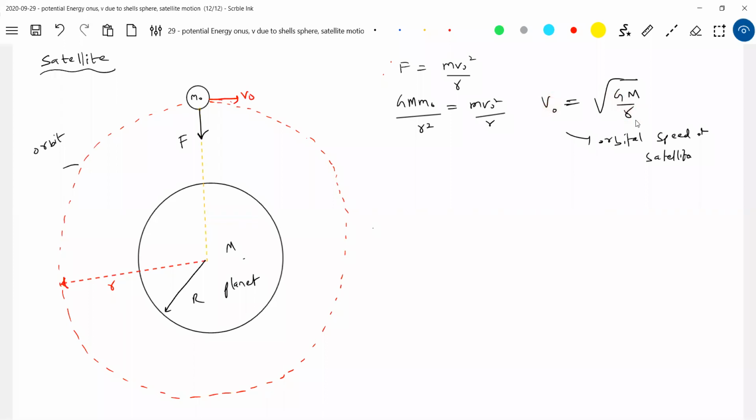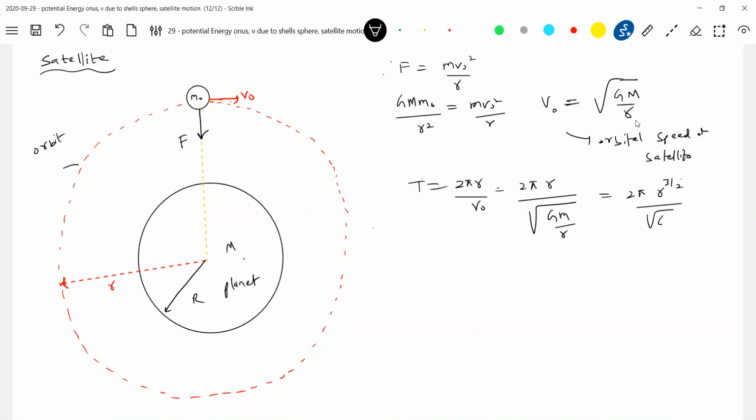So I'm interested in the time period, the time taken to complete one revolution. For that, the time taken to go around, as this speed will be constant at v naught, is 2 pi r by v naught. What is v naught? v naught is square root of G M by r, so this becomes 2 pi r to the power 3 by 2, divided by square root of G M. So the square of the time period is proportional to the cube of the radius.